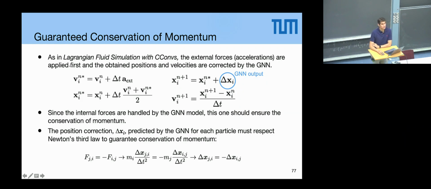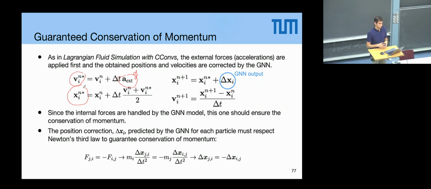So this is the same as we had before. We have the acceleration due to external forces, which is only the gravity. So we get an intermediate velocity and an intermediate location for the nodes, which is not the correct one.